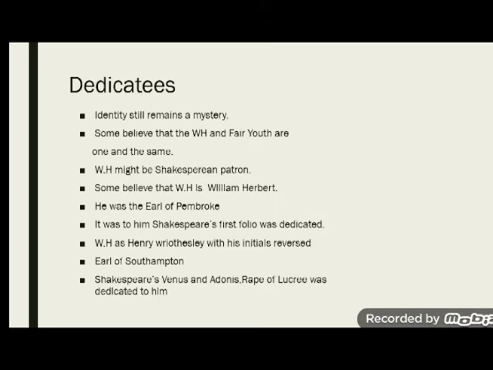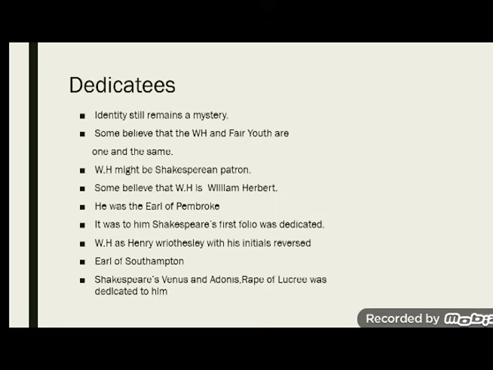Next, we can check the major dedicatees. We don't know exactly; critics say the dedicatee still remains a mystery. Some believe that WH and the Fair Youth are one and the same, and that WH might be Shakespeare's patron.